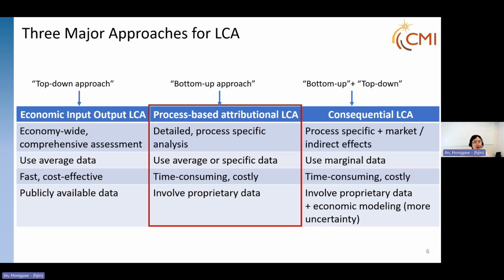It doesn't differentiate a particular product or technology, so it's very high level. As opposed to the process-based attributional LCA, where we look into how we make those phones, how we transport them to the final customers, and how they are used. So it's very comprehensive, very detailed, and product or technology specific.